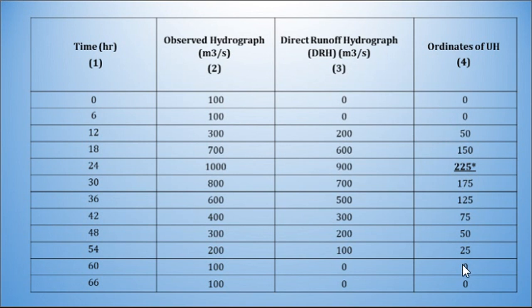So you will get these ordinates for a new unit hydrograph. You just plot time versus this unit hydrograph, and you will get a typical curve which shows a unit hydrograph.